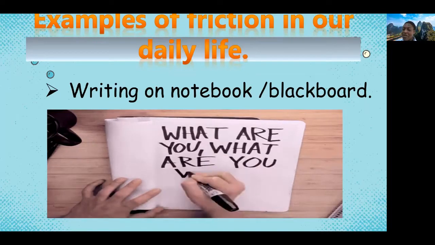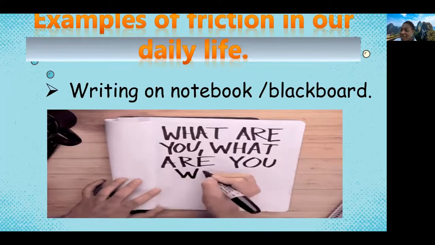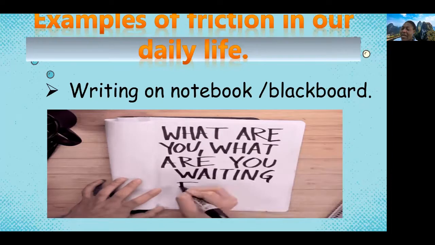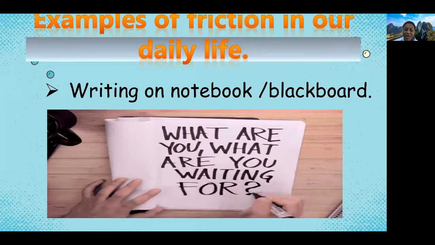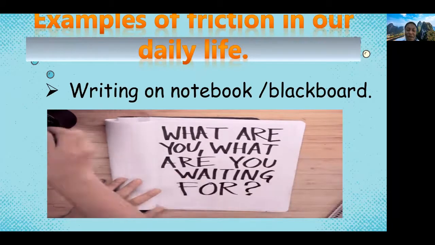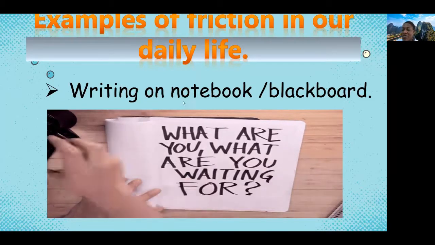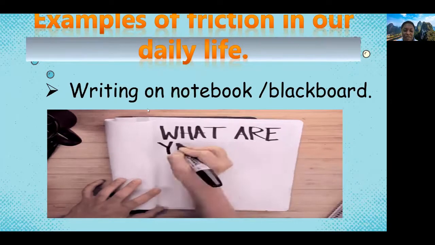Friction helps you to write good handwriting. Can you imagine that? Friction is the one that enables you to write in your notebook very smoothly. So when you are writing on the notebook or on the blackboard, friction is doing work there. Friction helps us to write.